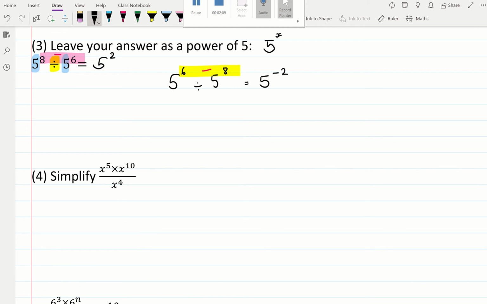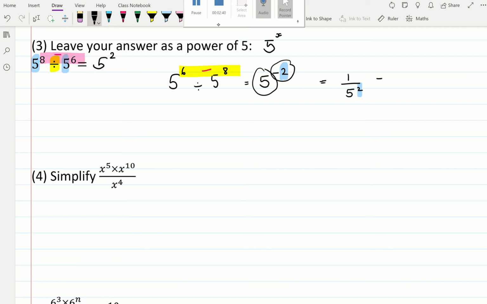And they might ask you to simplify further. They might say, in this case, leave your answer as a fraction. A quick and easy way is to put that into your calculator, and you will get 1/5. The negative power turns this number into its reciprocal, 1 divided by the 5, the base, to the power of 2, because it's to the power of 2, and it becomes a positive power.